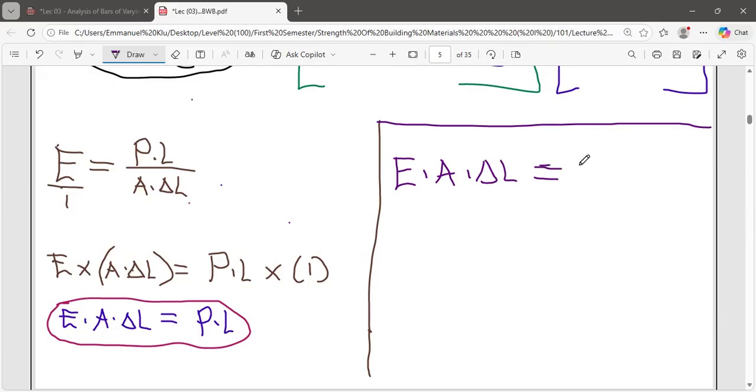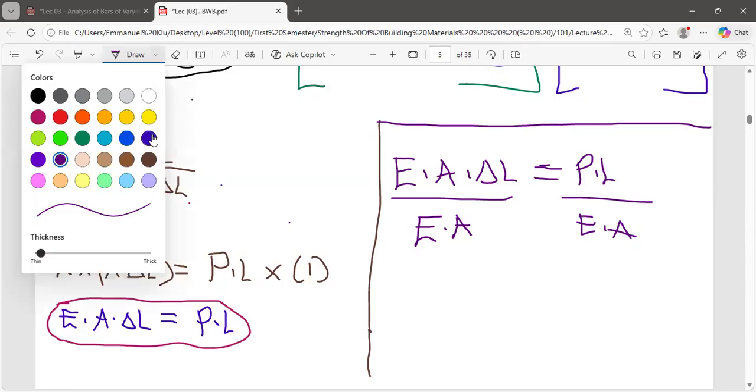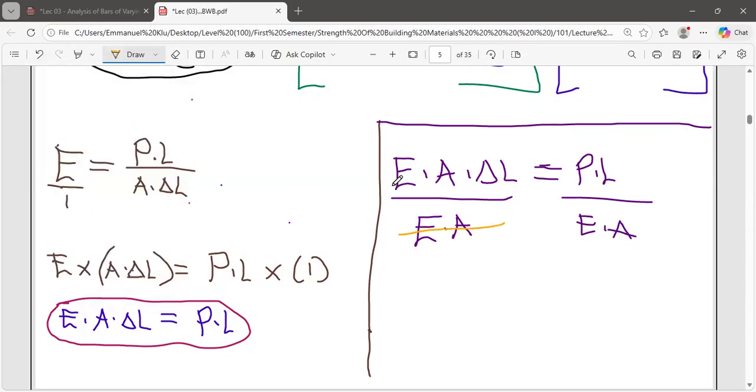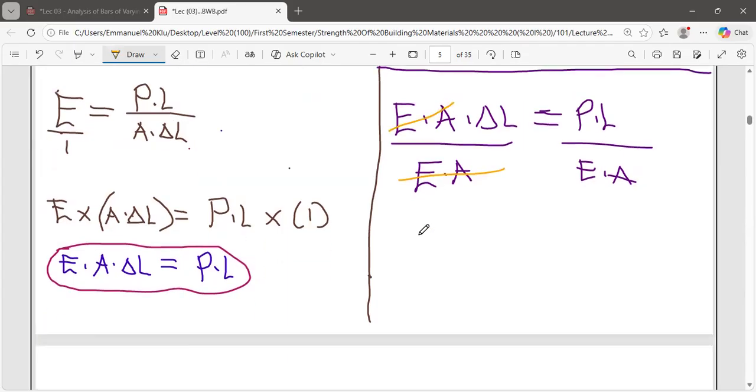Then if I divide here by EA, and also divide here by EA, then if we cancel both sides, we are just going to be left with something very unique. This one will take care of this one.